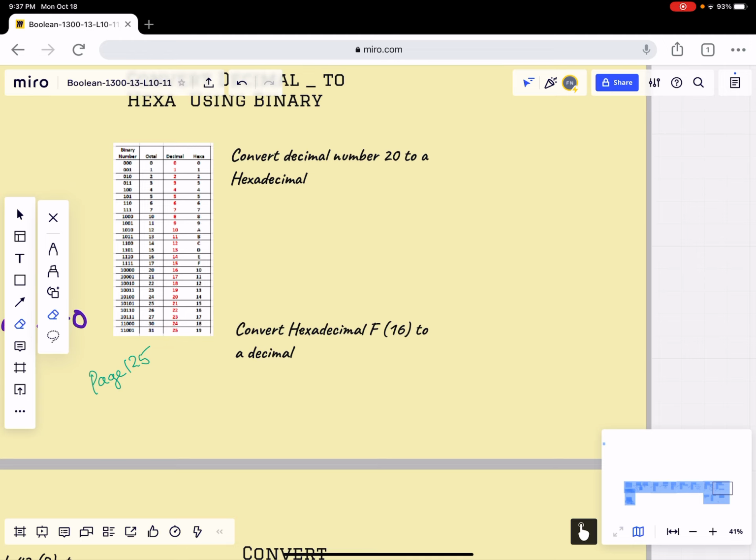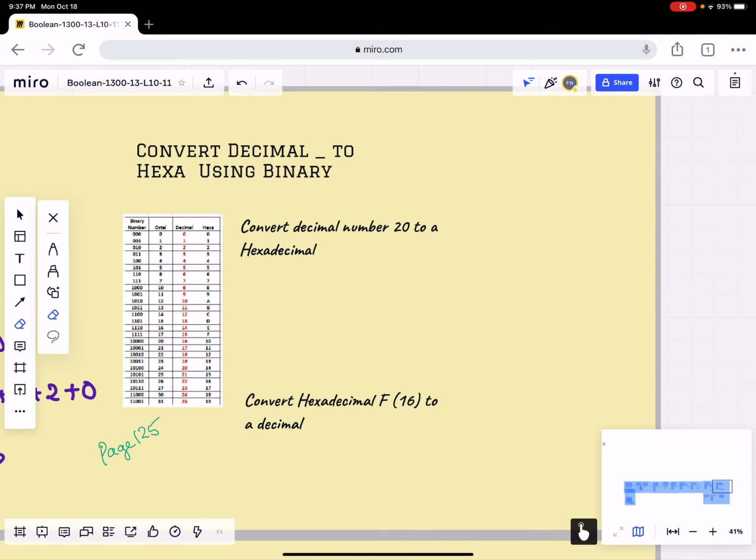Okay, now you want to convert the decimal number to hexa using the binary number. So you're given the number 20 as a decimal number and you want to change to hexa. But before you change to hexa, you have to convert to the binary.